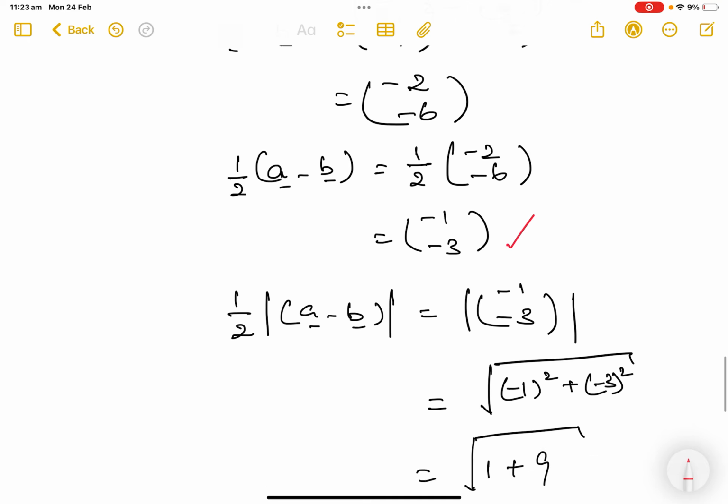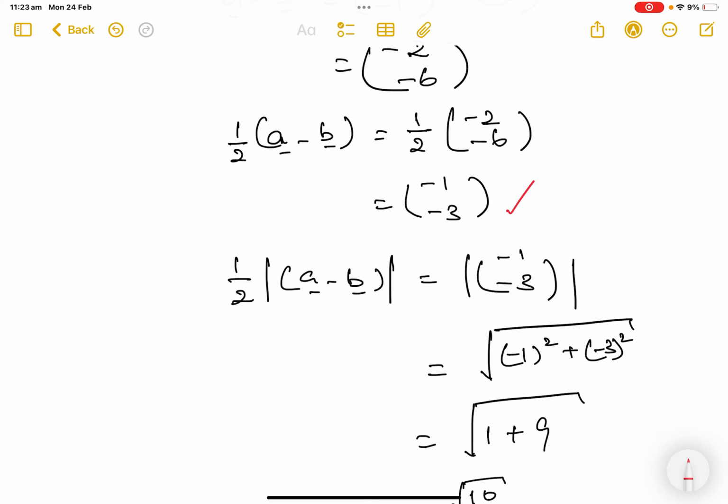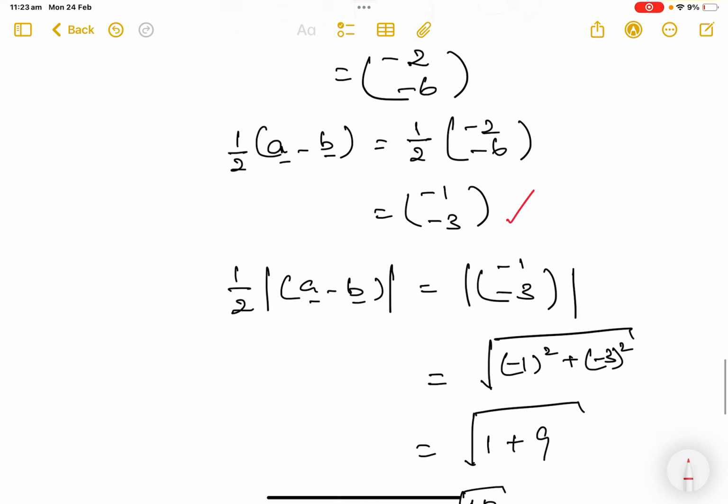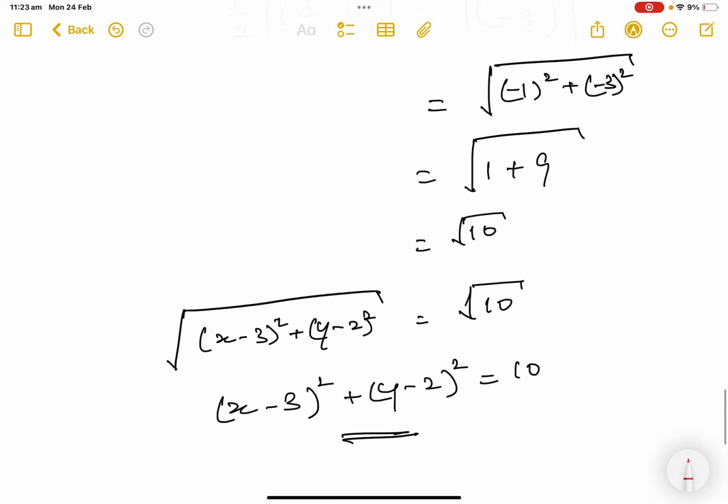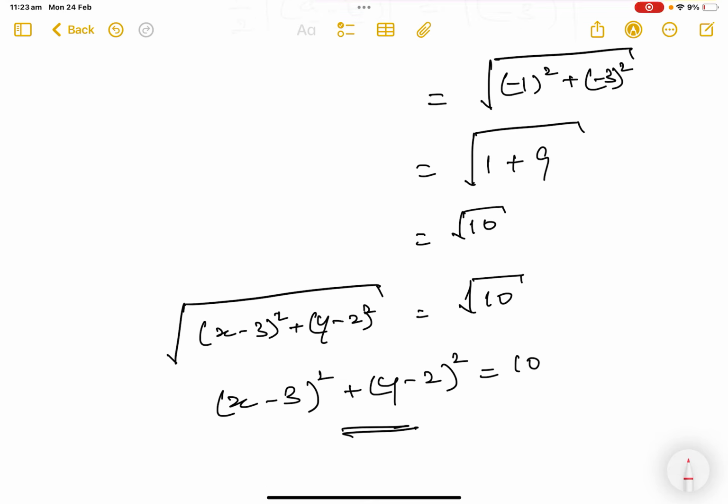So A minus B half is minus 1, minus 3. We want the modulus: the square root of the x component, minus 1 squared, plus the y component, minus 3 squared, which is 1 plus 9, root 10.